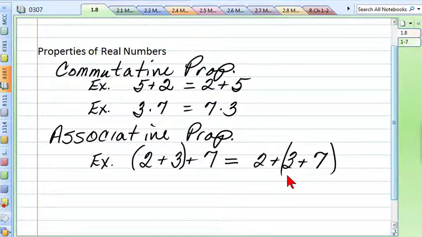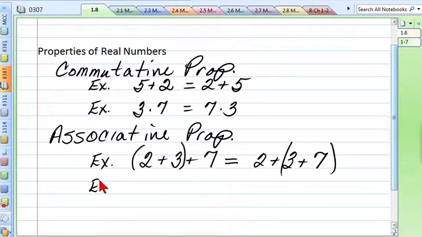She wants your association to change. She wants your group to change. Now, did you move? Look at the order. Is it still 2 plus 3 plus 7? Yes. There's no commuting going on. But did the association or the group change? There's a grouping change.